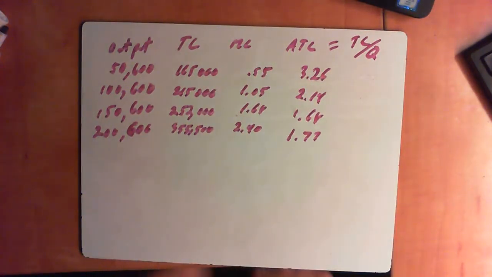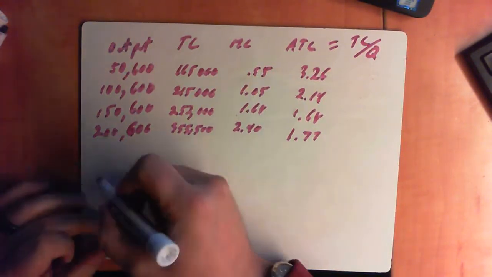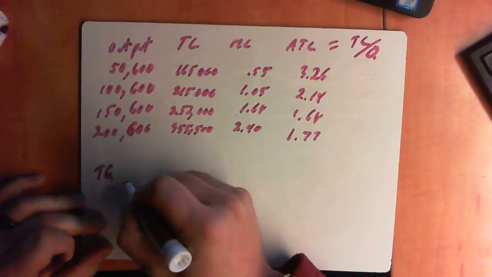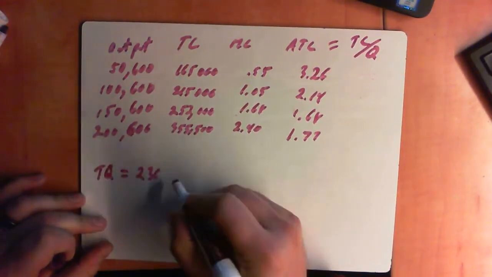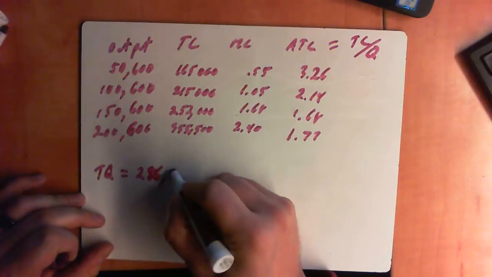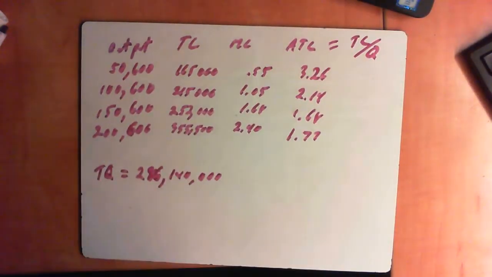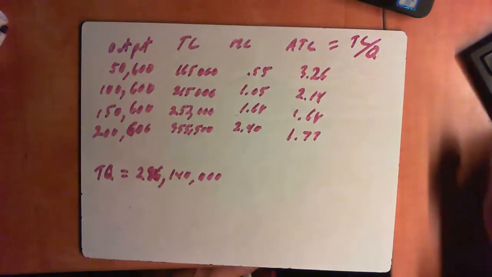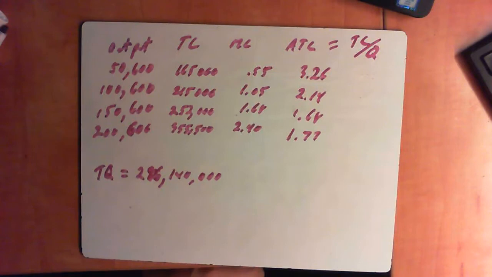The next question is, suppose that the market price for bottled vitamins is $1.68, and that the total market quantity demanded is 286,140,000. Now, how many firms will there be in this industry? Well, they're basically asking you how many firms will be in this industry at that total quantity demanded.